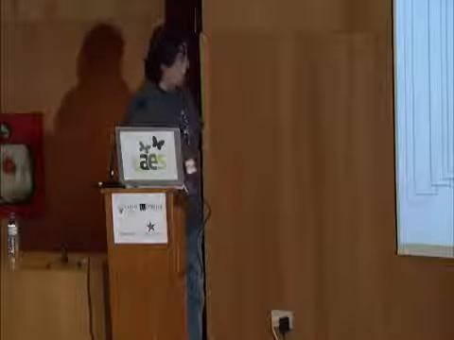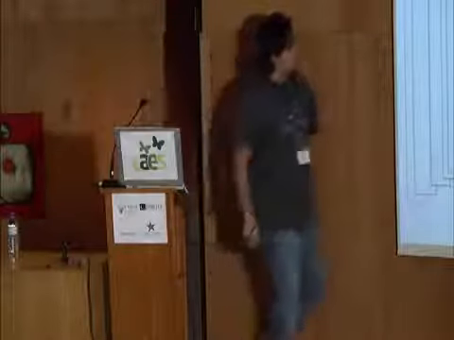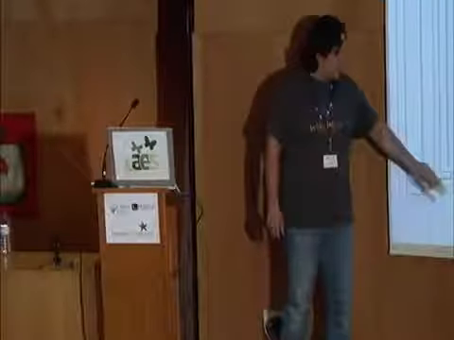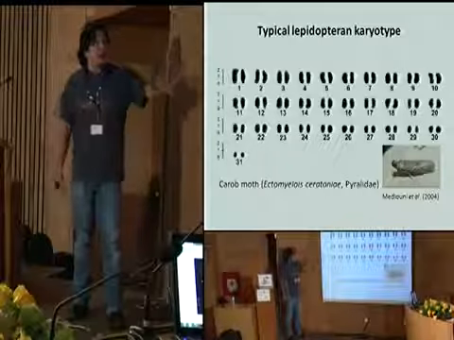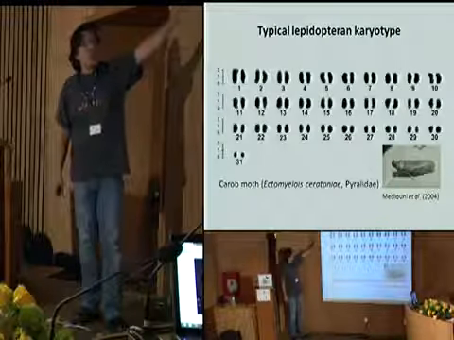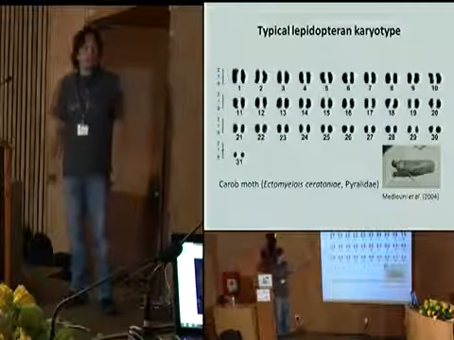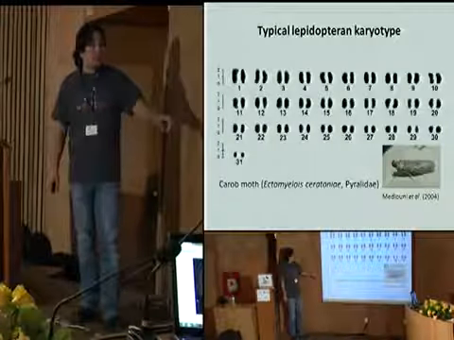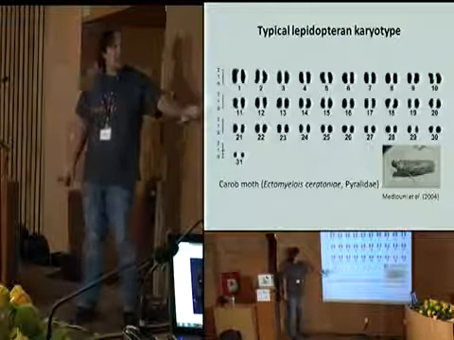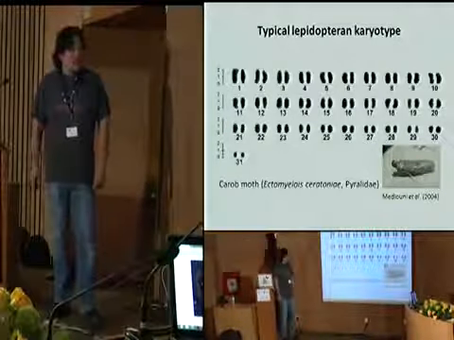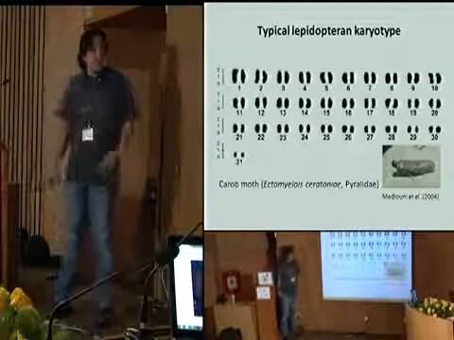So this is the higher level phylogeny of Lepidoptera, and you can see a Lepidopteran karyotype. As you can see, the chromosomes are relatively small, uniform in both shape and size. You cannot identify individual chromosomes. And most frequently, the haploid chromosome number is 31, and it's also thought that this number is ancestral.